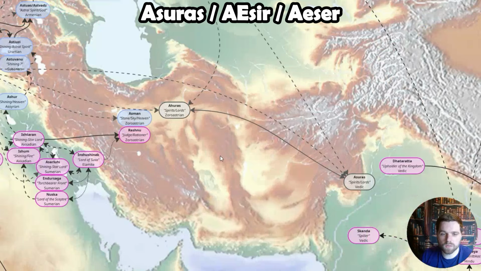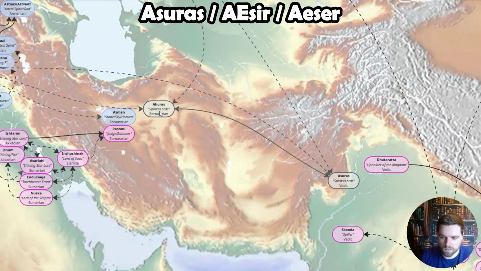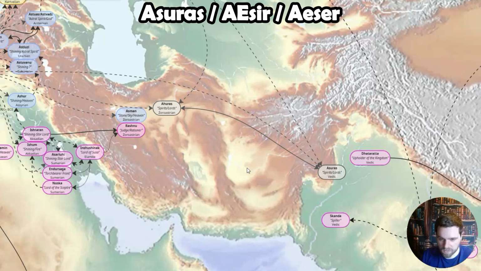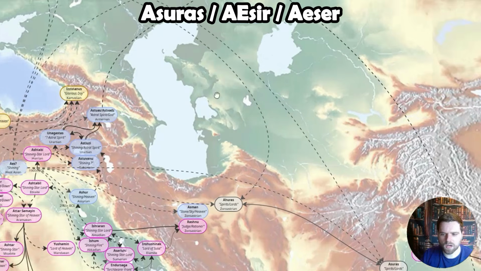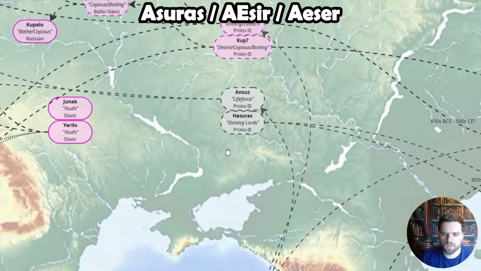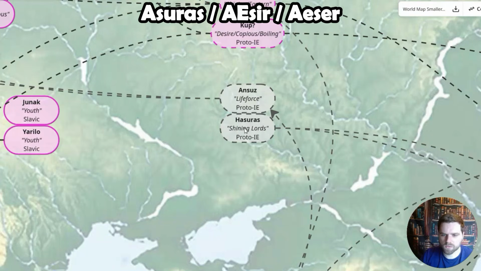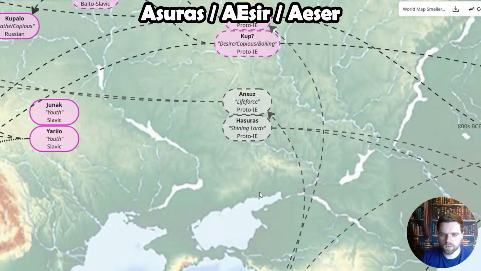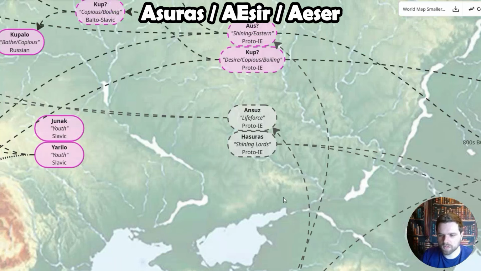Indo-Iranian sources, we have the Ahuras, Zoroastrianism, and the Asuras in Vedic. They're basically demonized in Vedic Hindu sources, and they're basically sanctified in Zoroastrian sources. The hypothesis currently is that they both stem from an Indo-Iranian source that started with the Proto-Indo-European reconstructed term Hasuras, which is a word for lords, but the Has part is ultimately originally shining.